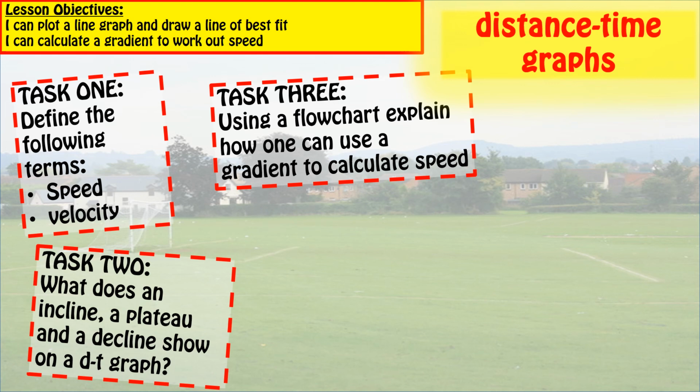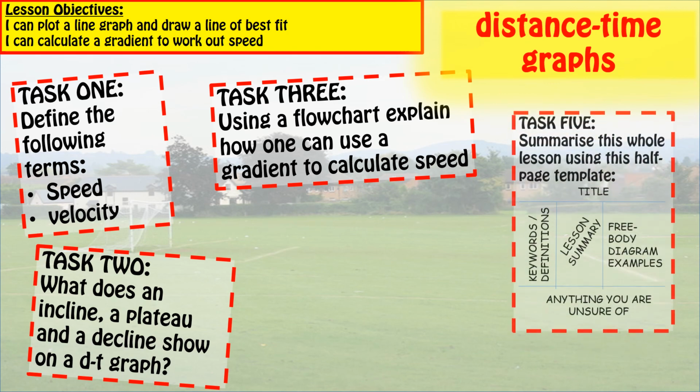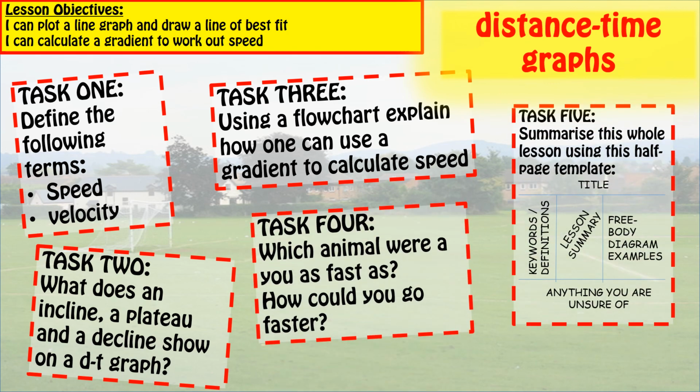Explain how you could use a gradient to calculate speed. So it's like step 1, arrow, step 2, arrow, step 3. Task 4, if you did this task, which animal were you as fast as, and how could you go even faster? And then task 5, as always, postcard physics. Summarise this whole lesson using a half-page template. So you should pause this now and have a go at these 5 tasks.